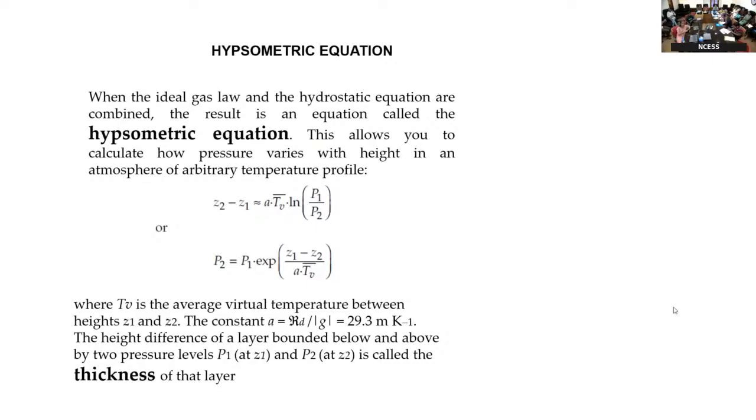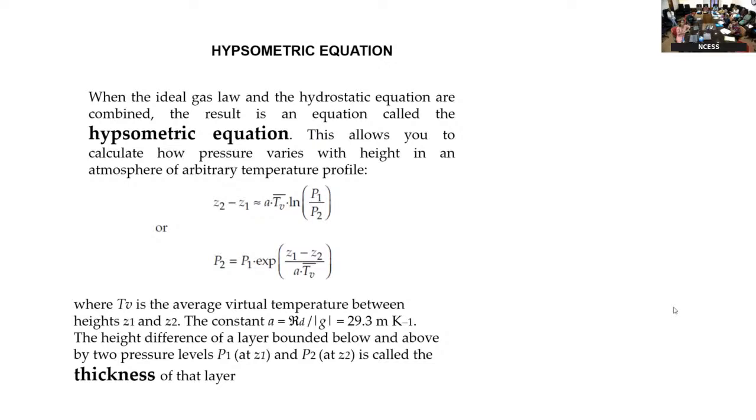Here we will use that constant, 0.61, which we have seen earlier, and the virtual temperature, and the logarithmic ratio of the pressures of the two levels, the lower layer pressure and the higher level pressure.